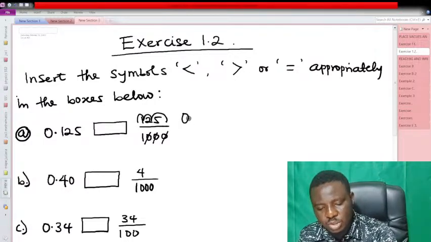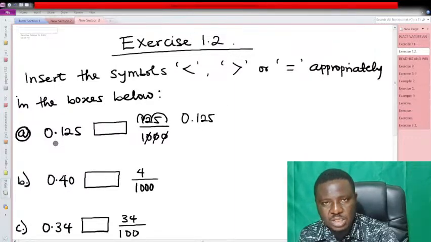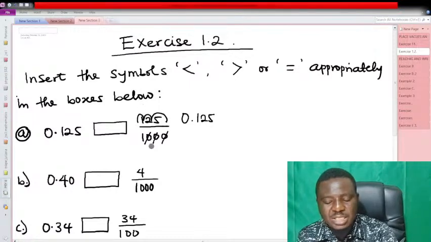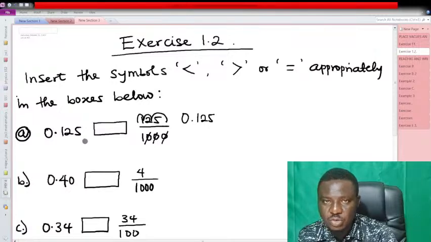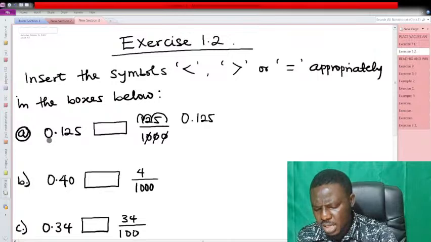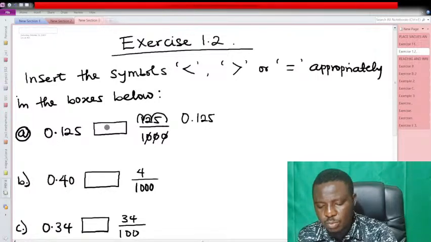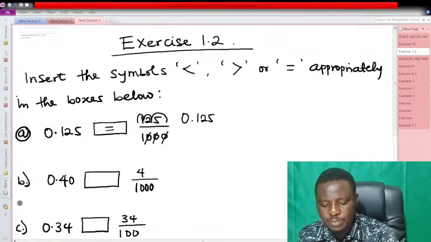So this becomes 0.125. Now I'm just doing this so as to confirm what is its relationship with this. Now since this is in fraction, I have to convert it to decimal fraction so as to know what they are. So I now discovered that 0.125 is equal to 0.125. So I'm going to put the equality sign here.